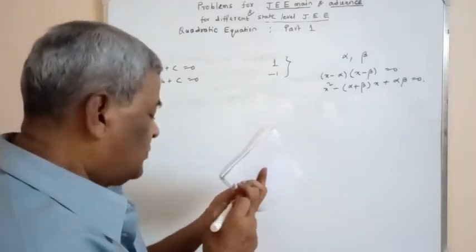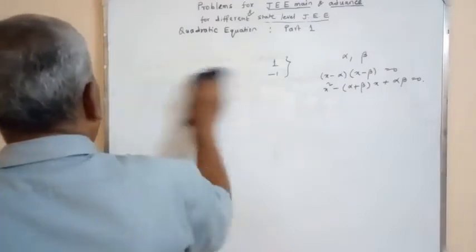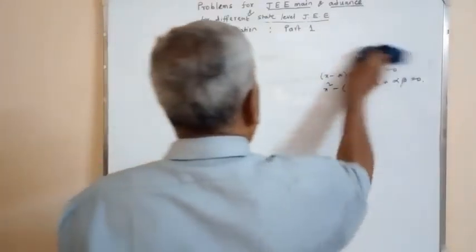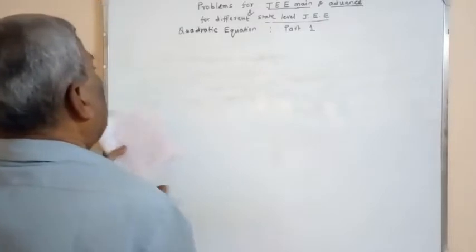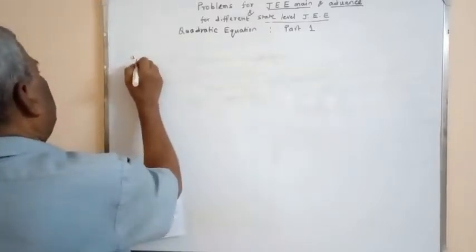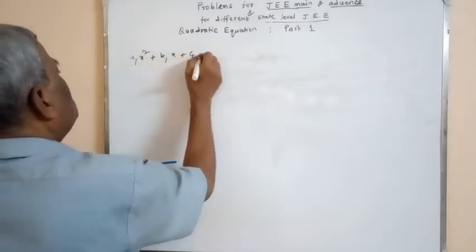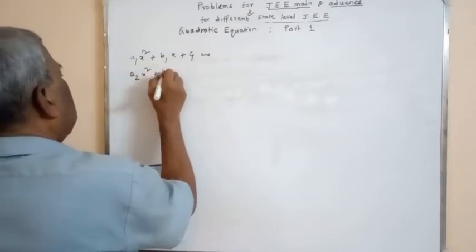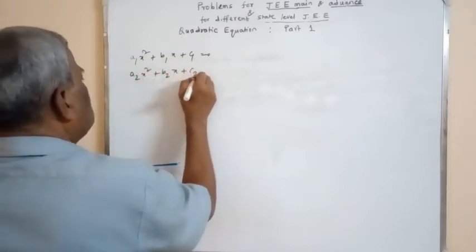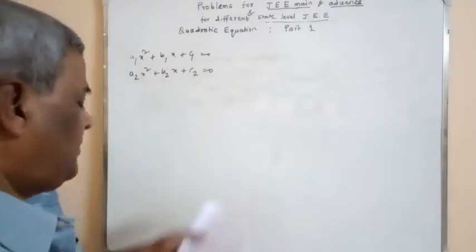Common root. Next comes common root. Suppose a1 x square plus b1 x plus c1 is equal to 0 and a2 x square plus b2 x plus c2 is equal to 0 are two quadratic equations.